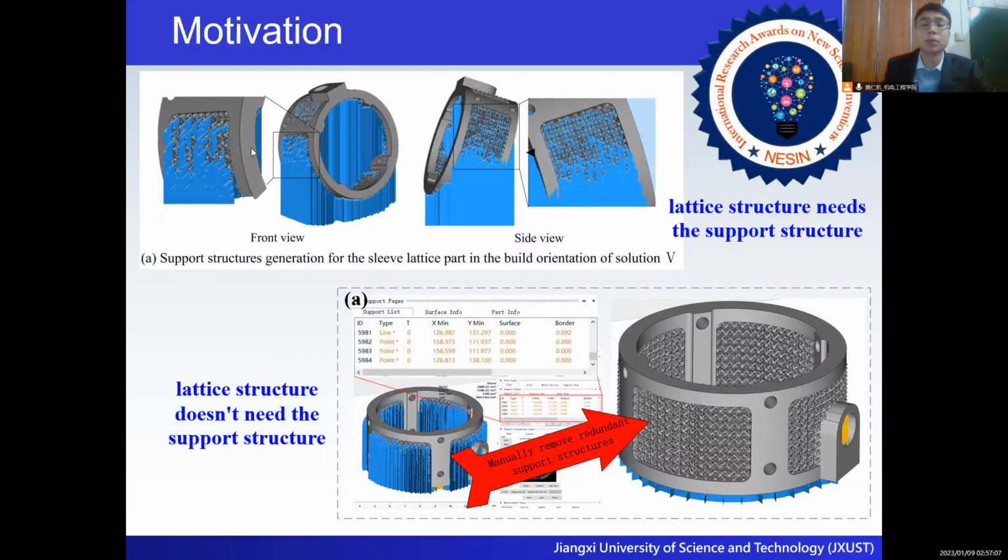Like this one, this orientation for SLM printing, the lattice structure needs to add a support structure, but this orientation of the part does not need to add support structure.